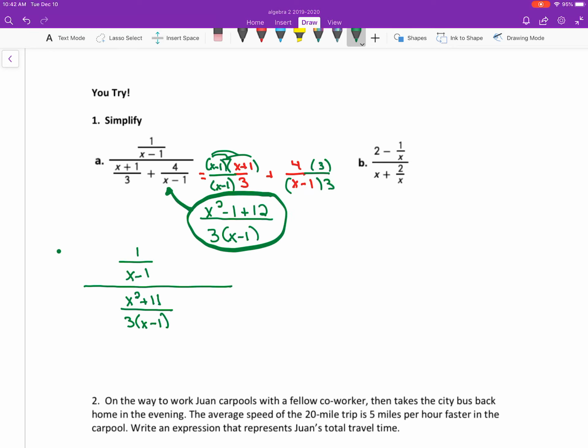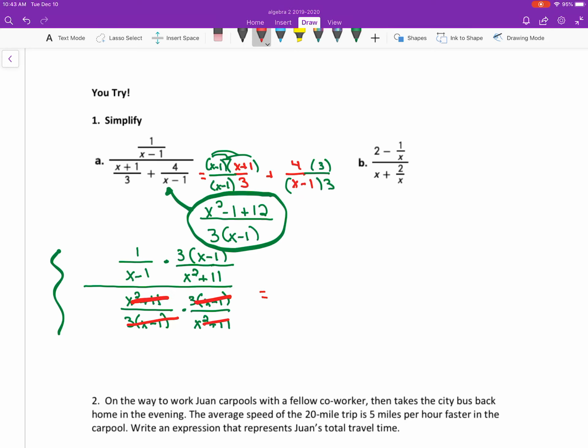I come to this next thing right here. 1 over x minus 1 over x squared plus 11 over 3 times x minus 1. And in order to now get this in the numerator, I am going to flip it, write it times 3 times x minus 1 over x squared plus 11. Same thing down here. I'm just flipping it so the numerator will have the reciprocal, and the denominator, everything will cancel, but technically I'm multiplying it by 1 because anything divided by itself is 1.